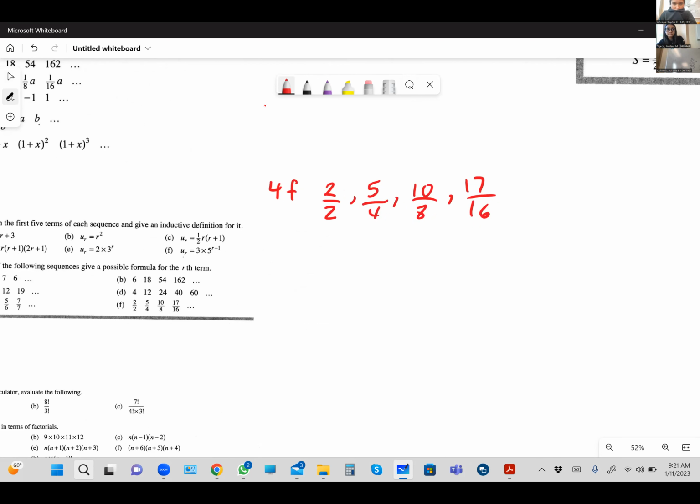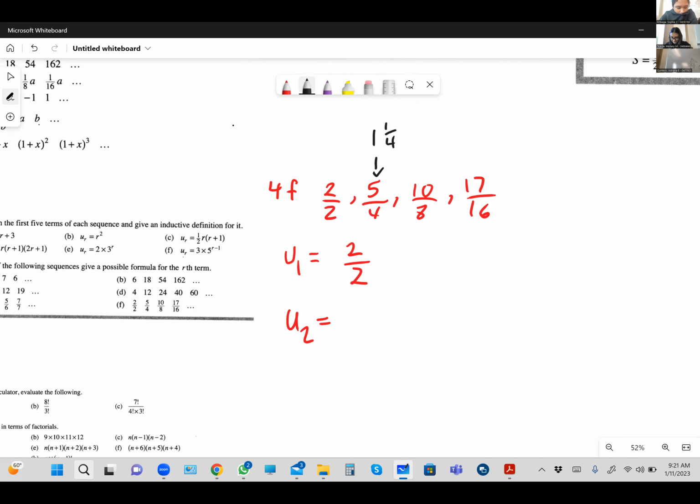So let me see. u of 1 is 2 over 2. u of 2 is, now here's how I think of this. How do I go to 2 over 2? How do I go to 5/4? 5/4 is 1 1/4. So I can add a quarter to 1 to get to 5/4.